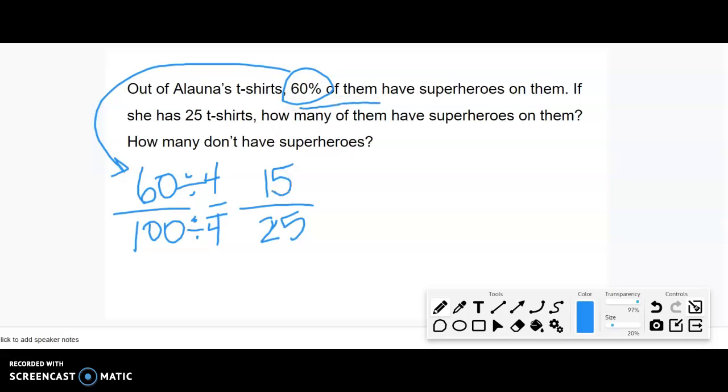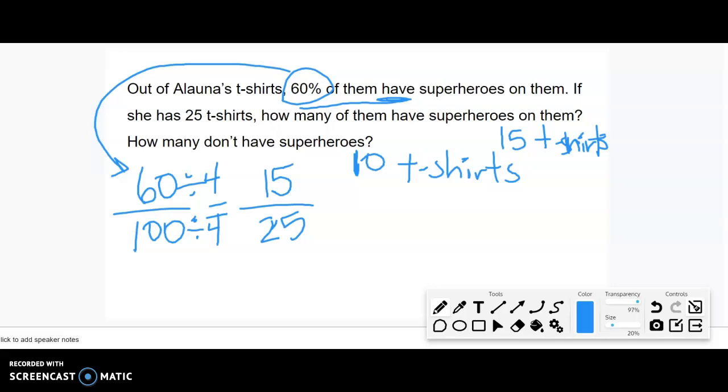So if 60% have superheroes, we know 15 t-shirts have superheroes. And then if she has 25 total shirts, that would be 10, since 10 plus 15 is 25. So 10 do not have superheroes on them.